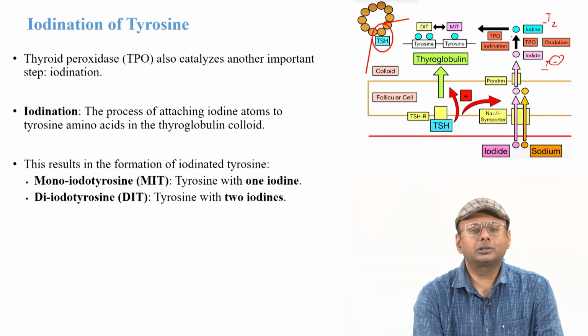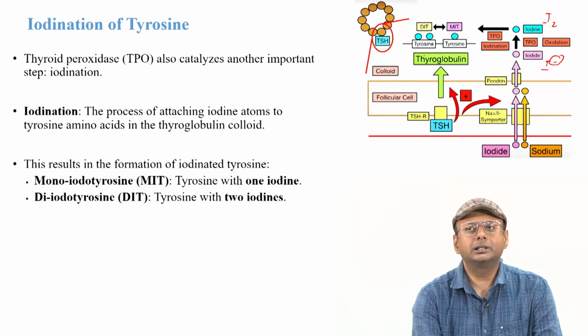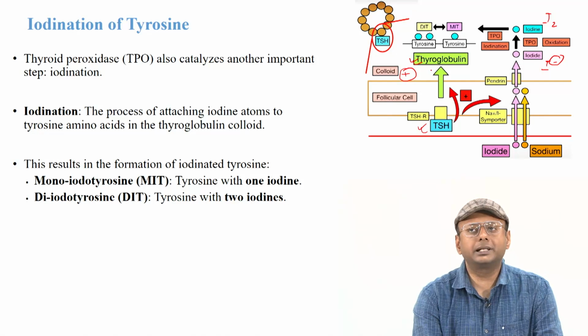After this oxidation step, the next step is the iodination of the tyrosine. So what is basically tyrosine? This is the thyroglobulin which initially got stimulated or overproduced by the effect of the TSH, right? And this thyroglobulin protein eventually came out to the colloidal space.